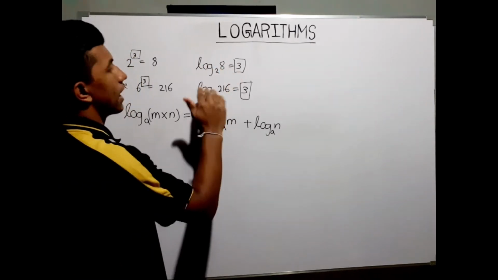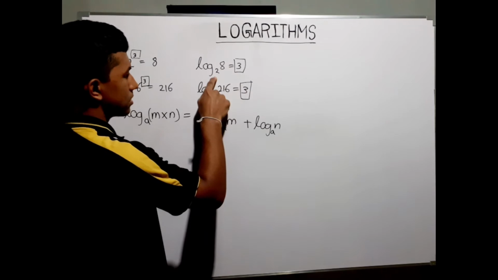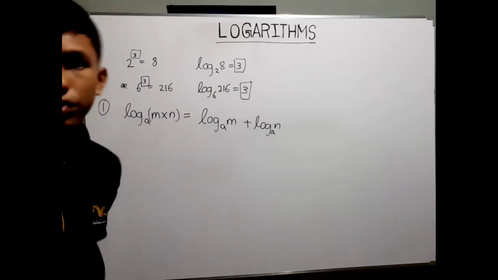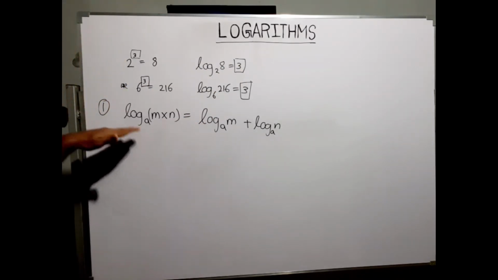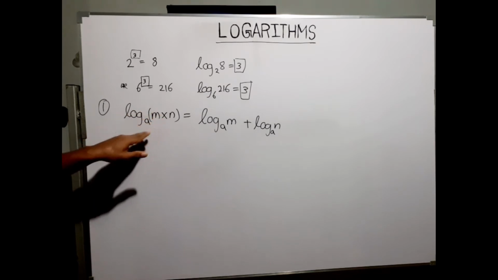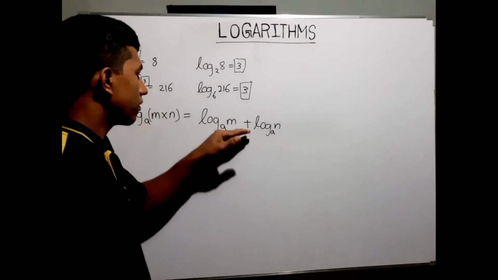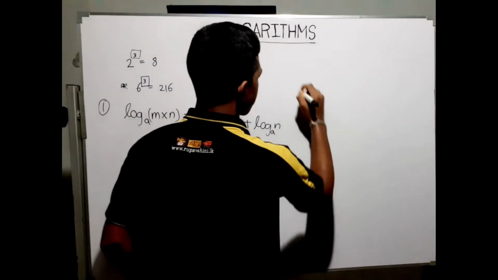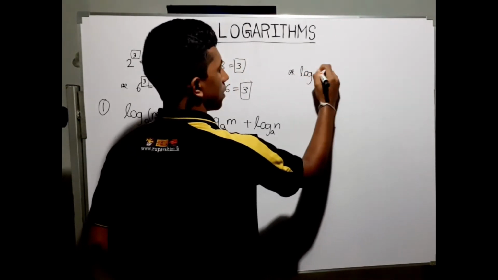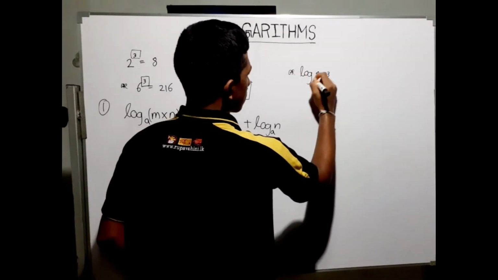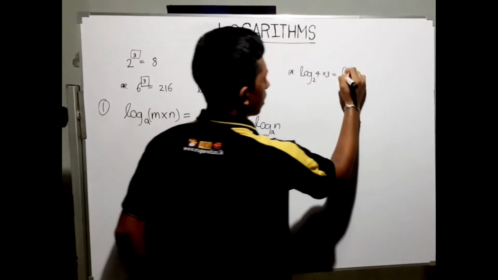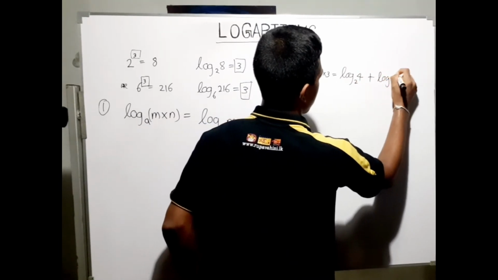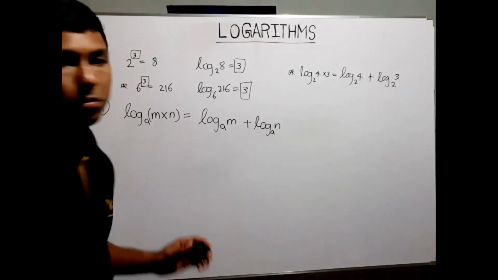You say this as log value of m into n, which is mn, to the base a, is equal to log value of m to the base a plus log value of n to the base a. If we take an example, log of 4 into 3 to the base 2 is equal to log value of 4 to the base 2 plus log value of 3 to the base 2. So this is rule number 1.